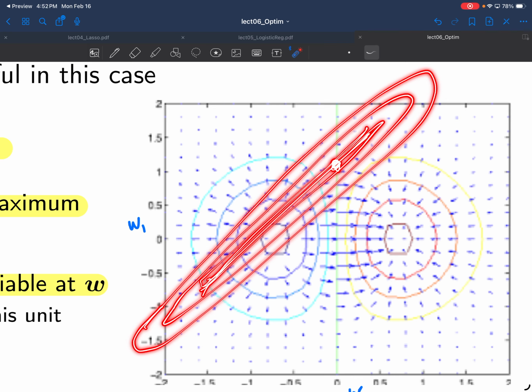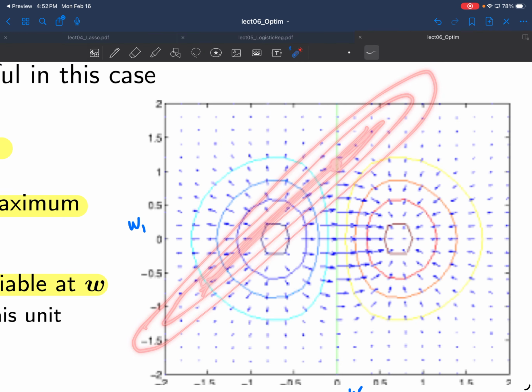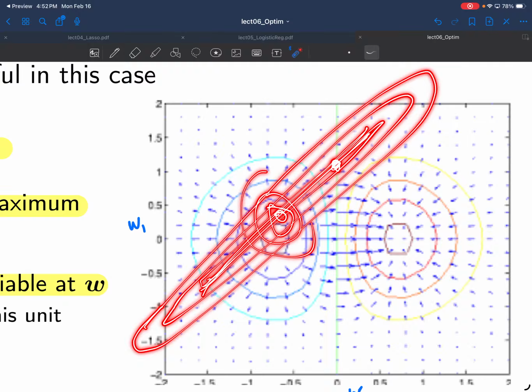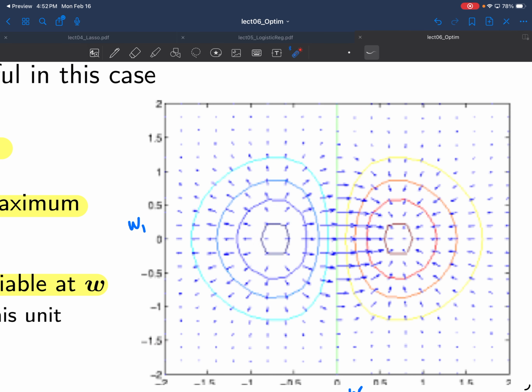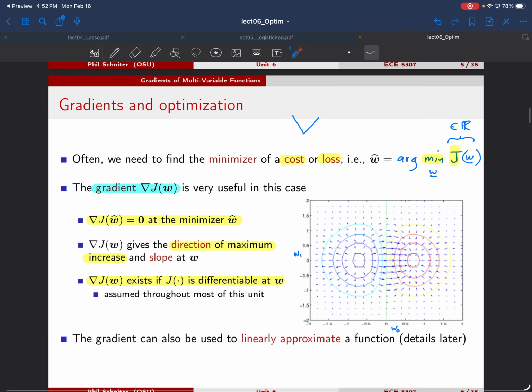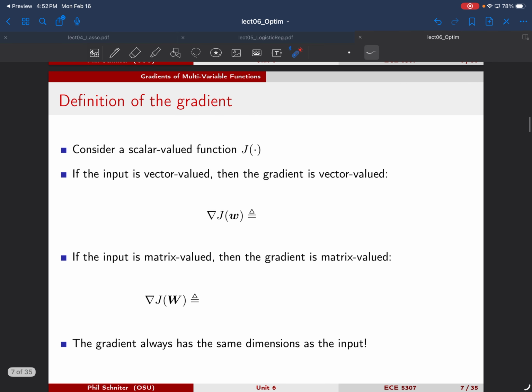And so when you add that L2 regularization, it forces the contours to be closer to circular. So that's another situation we encounter. Okay, great. Any other questions? Okay, good. So let's talk about the gradient mathematically. Again, this function J is always scalar valued.